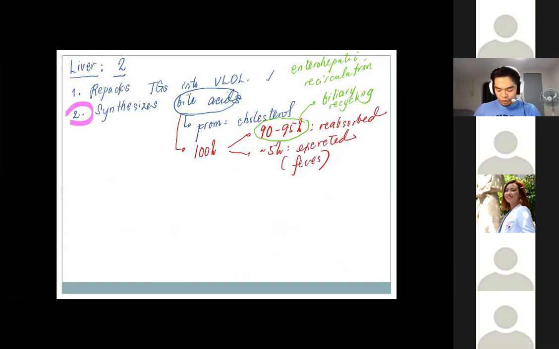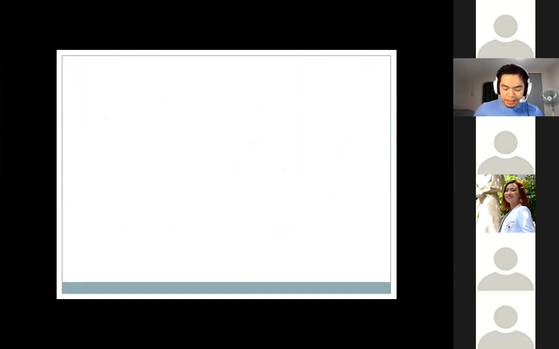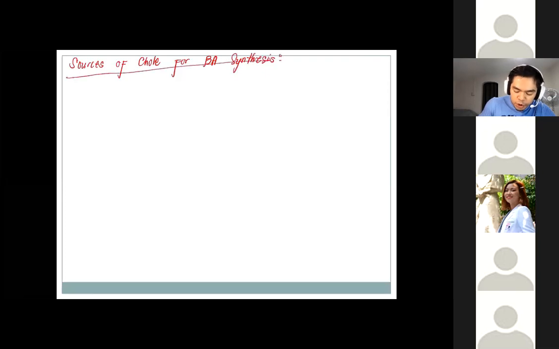Okay, so very good. So bago tayo mag-proceed sa mismong condition called dyslipidemia, meron pa akong isang concept na i-discuss related to drugs. So right now, let's discuss the sources of cholesterol for bile acid synthesis.